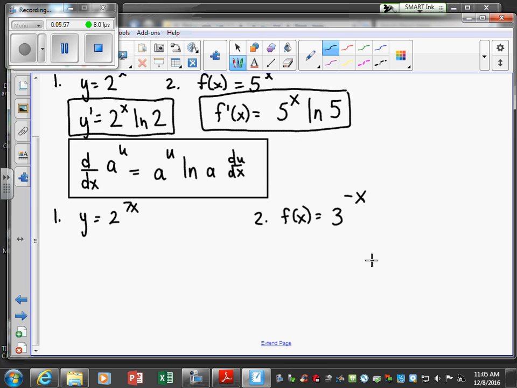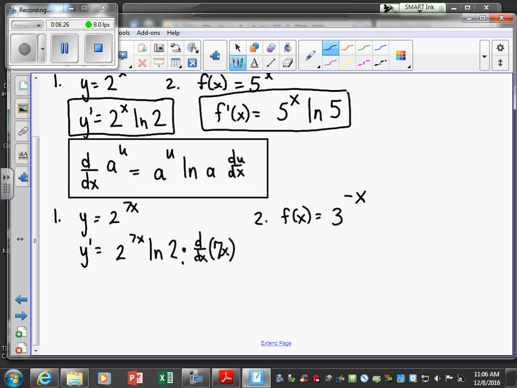Okay, so y prime here is just going to be a to the u, times natural log of a, so that's natural log of 2, and then I need to multiply that by the derivative, du dx, which would be the derivative of 7x.